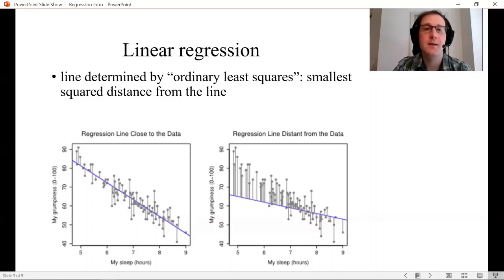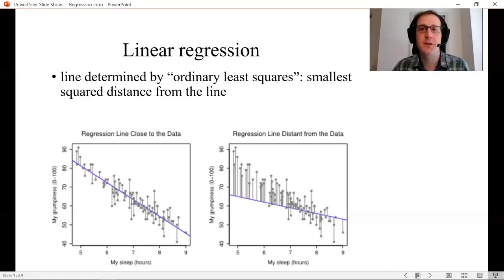So making this pretty basic hypothesis about there being a linear relationship often applies. Outside of psychology, this isn't the most common, and again, there's a whole bunch of different types of regression out there. But this is a start to looking at modeling how variables are related to each other.